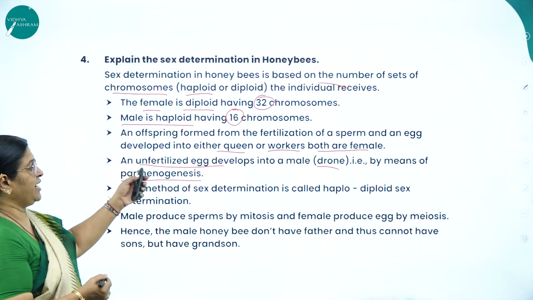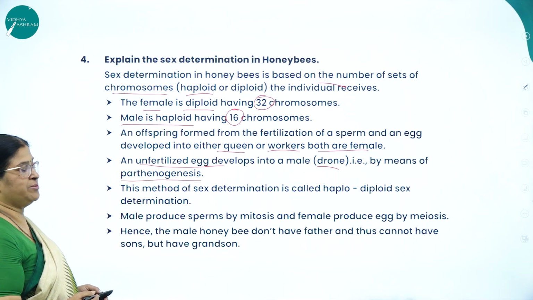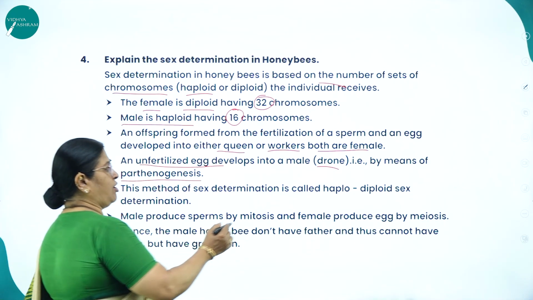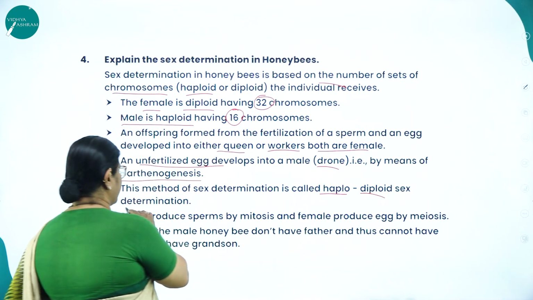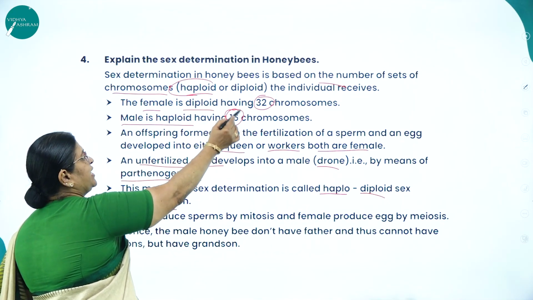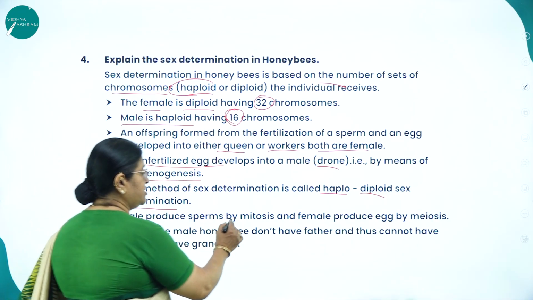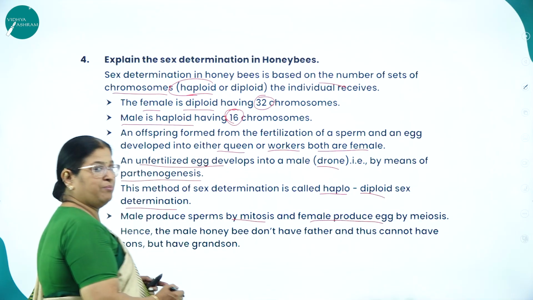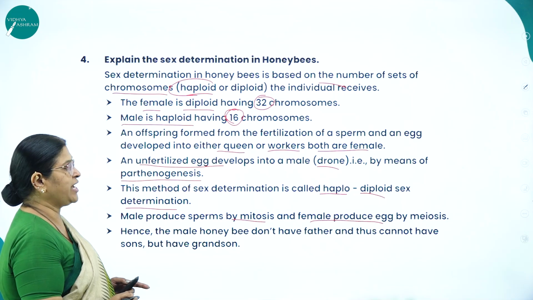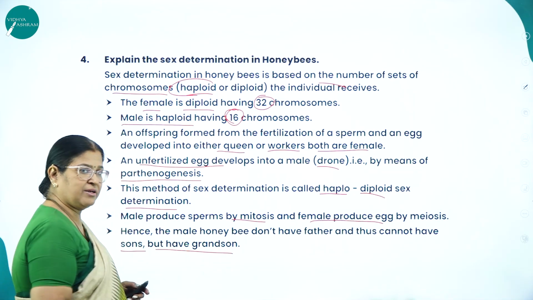This method is called haplodiploid sex determination because it involves both a haploid set and a diploid set. Male produces sperms by mitosis and female produces eggs by meiosis. Hence, the male honeybee doesn't have a father and thus cannot have sons, but has grandsons.